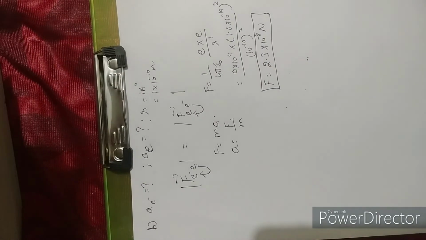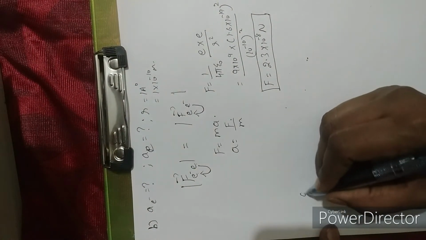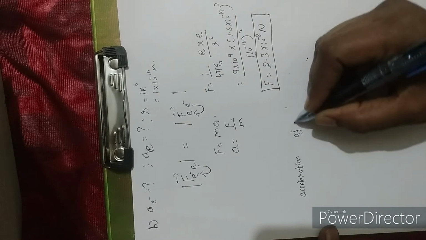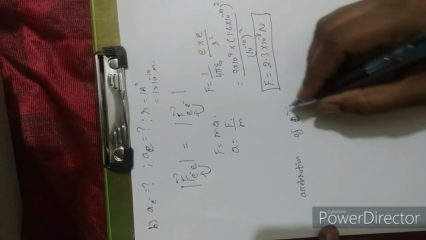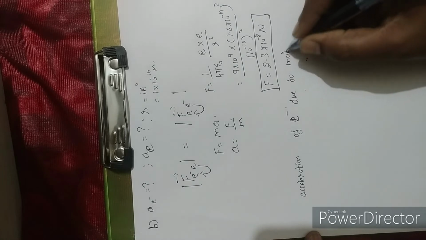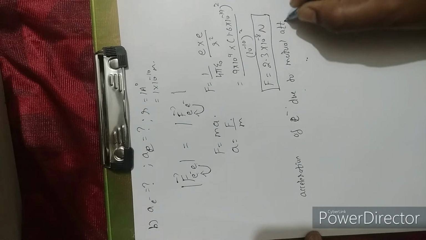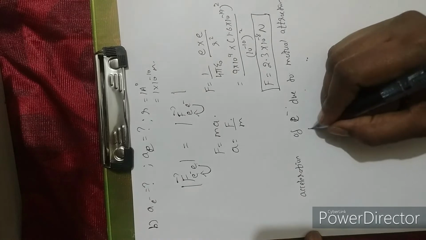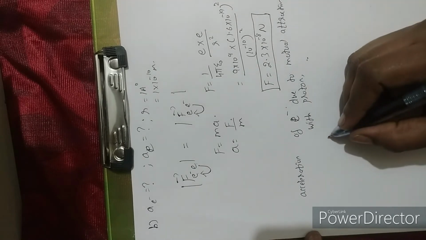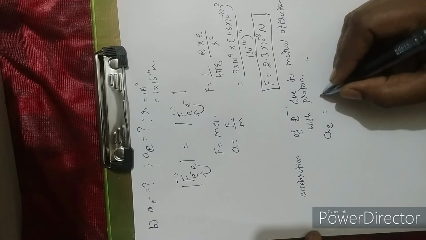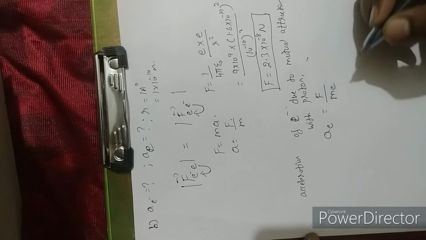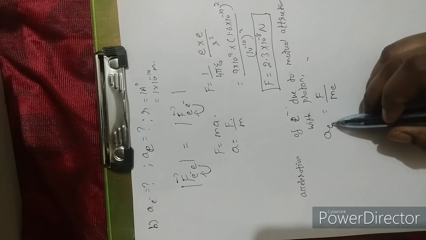Now let's find out the acceleration. First of all, let's find the acceleration of the electron due to mutual attraction with proton. Acceleration of the electron will be equal to the mutual force divided by the mass of the electron.